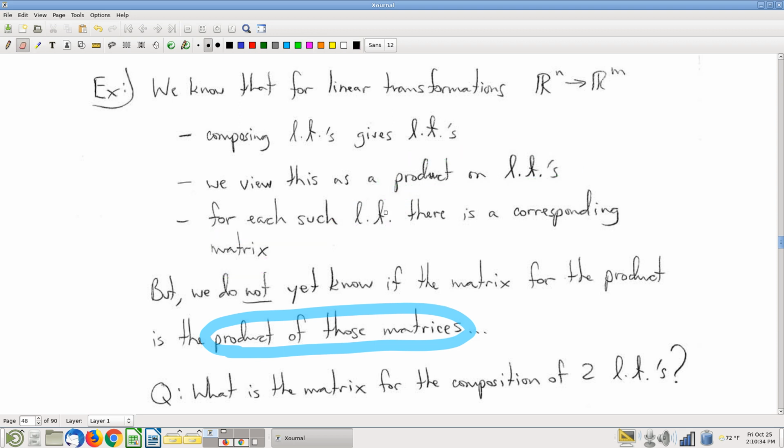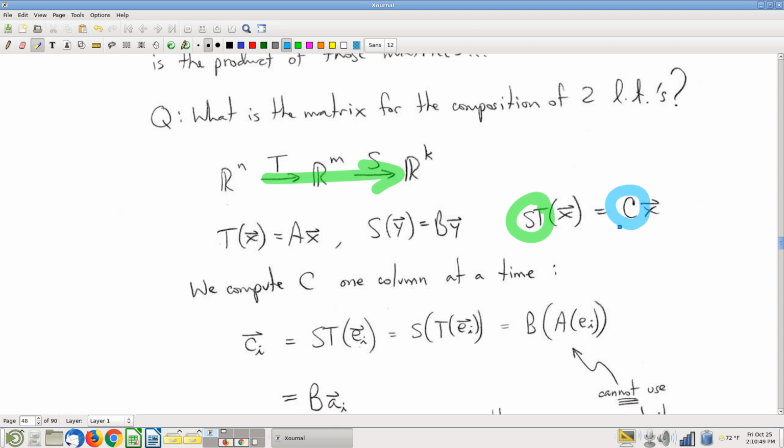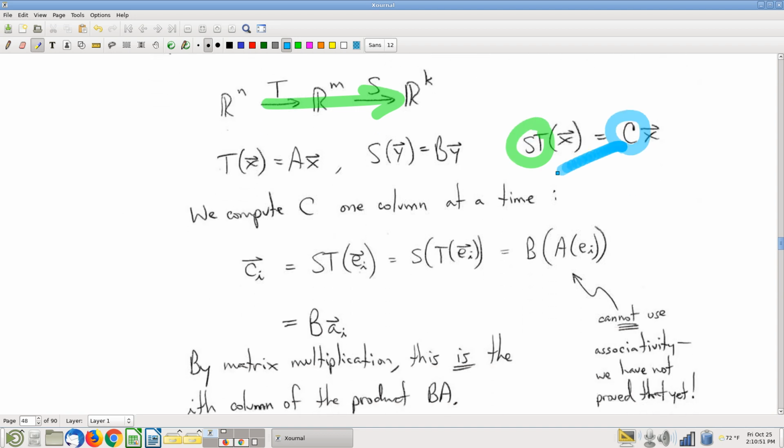The way we're going to get around that is we're going to write down a product of two linear transformations by composing, of course. We're then going to find what matrix represents that, and ask whether it is a product of the original matrices. And the answer is yes. It's just something you have to crank through. Here's how the algebra works out.